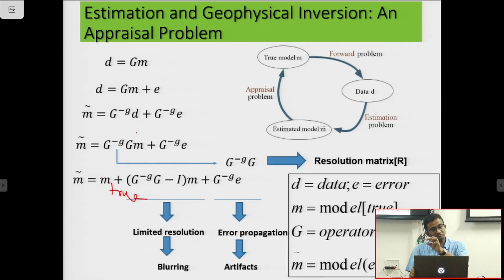There is error due to the artifact, the noise component. But there may also be an error when you are computing the forward theory, that the theory may not be appropriately taken for that particular case. Physics may not be well explained in the relations between the data and the models. That part is related to your resolution part, which we can express and understand from this expression, and see what is attached to it.